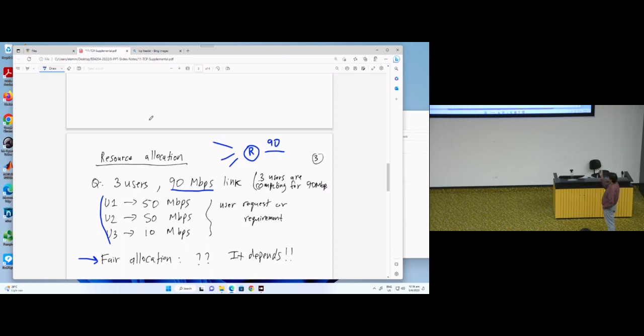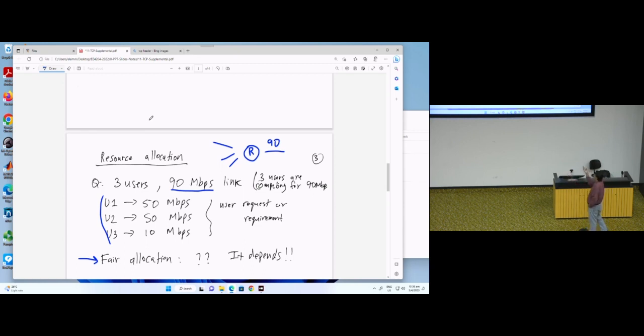So user 1 wants 50 megabit per second, user 2 wants 50, user 3 wants 10. So this is the user requirement. And the question is, how do you split? TCP is a protocol for managing congestion, but at the end of the day, we'll see that TCP has to divide a resource, right? So that's why it allows us to look at TCP in a certain way.